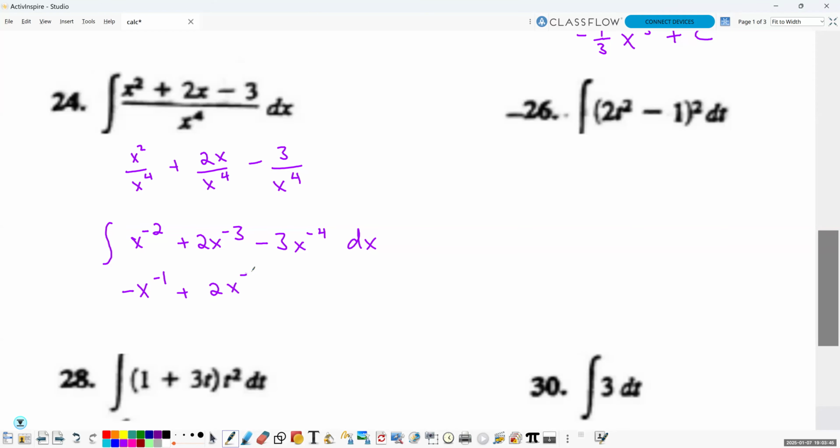Add a power, like a little song. Whoops, I forgot to add. Add a power, divide by the new power. So this is going to end up being -x to the -1 minus x to the -2 plus x to the -3 plus c.